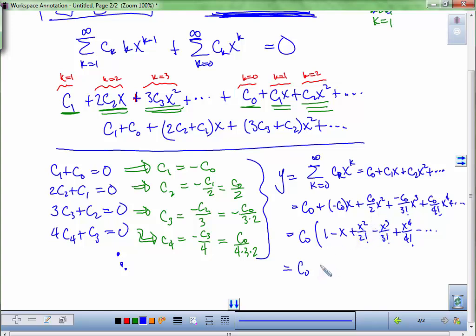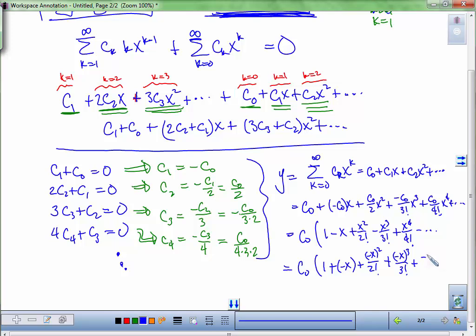So what if it was e to the minus x? Let's see. 1 plus negative x plus negative x squared over 2 factorial minus negative x to the third over 3 factorial.